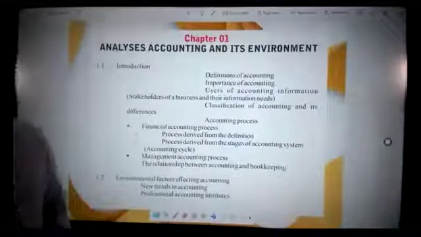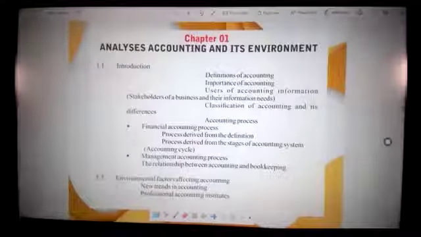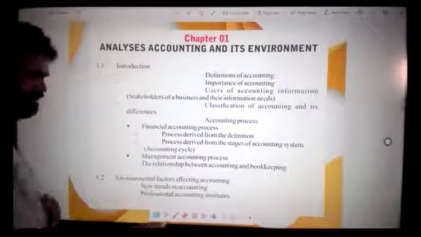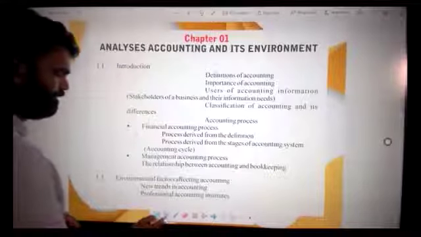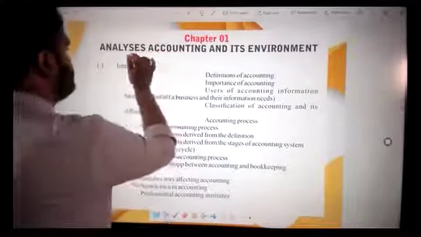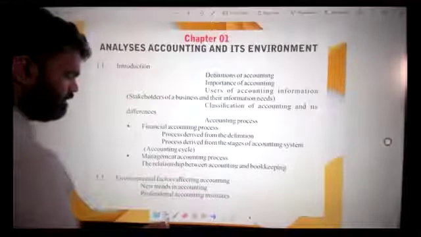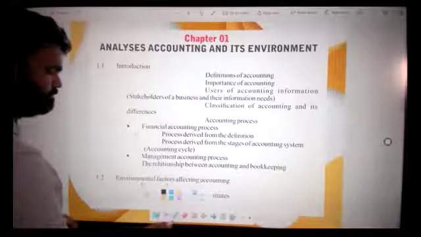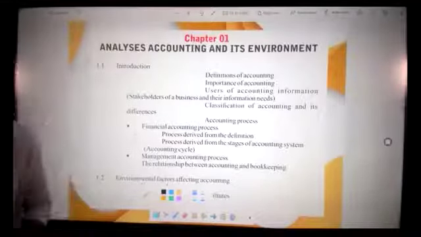This is chapter number 1: Analysis, accounting and its environment. Okay, 2 parts are there: the accounting analysis part and the accounting environment part.